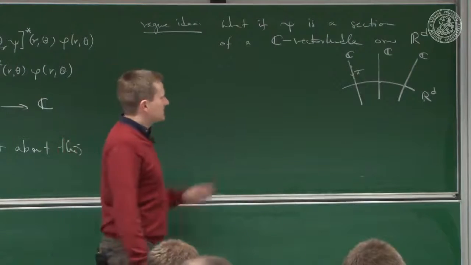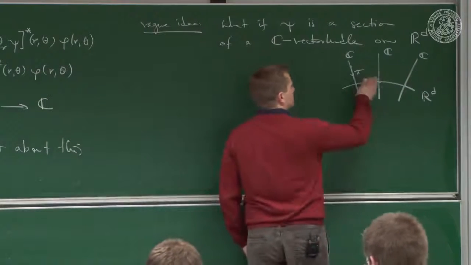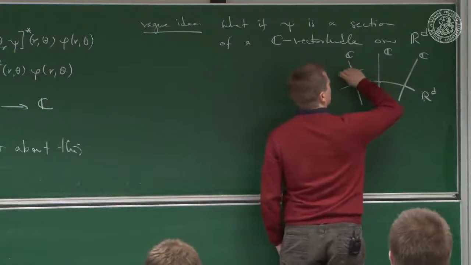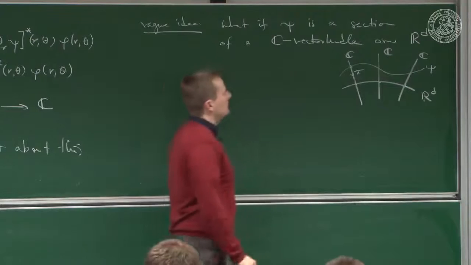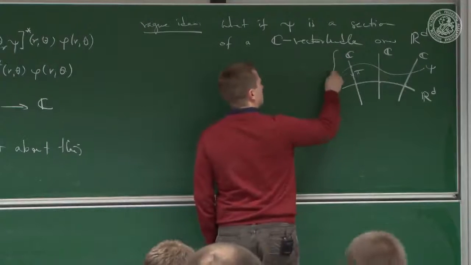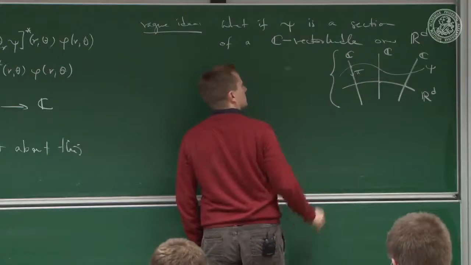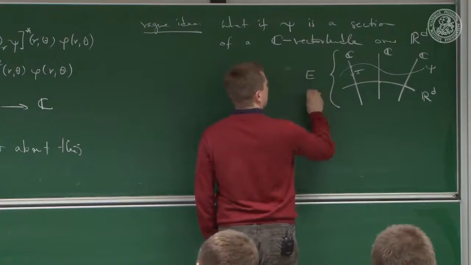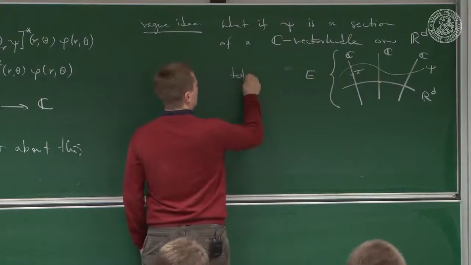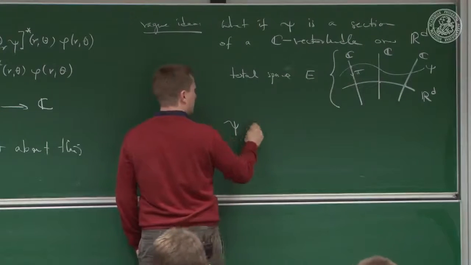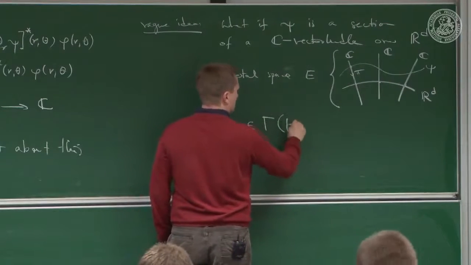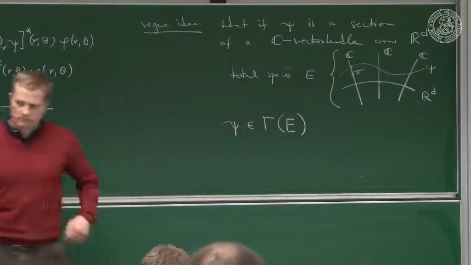And the idea, so that's of course a local picture, it looks like this locally, and that the psi is just a section of this bundle. So if this is the bundle total space, the idea would be that the wave functions are a section of this vector bundle.